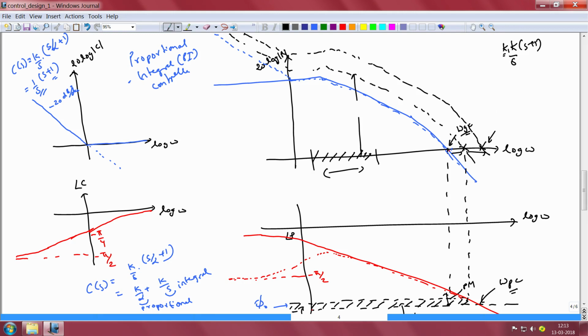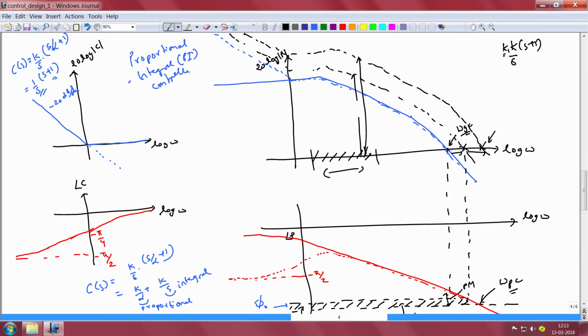With this it may be possible for us to get adequately high loop gain, C times P, in this frequency range to track references or reject disturbances whose frequency content is in this range.